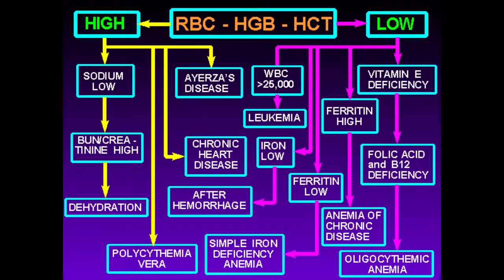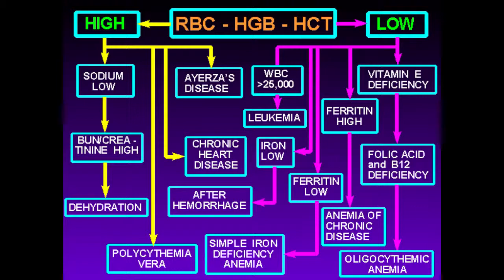For all practical purposes, the red blood count, hemoglobin, and hematocrit have the same related pathways, and are elevated by dehydration, polycythemia vera, chronic heart disease, and in Addison's disease.